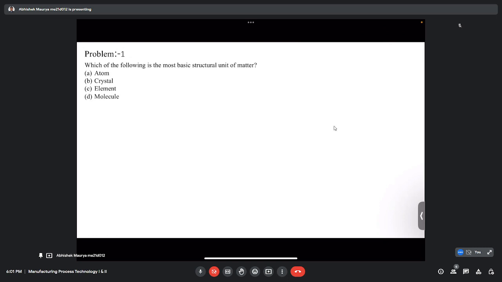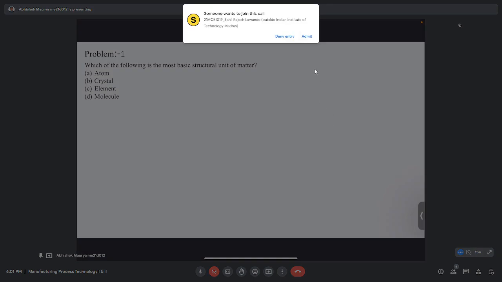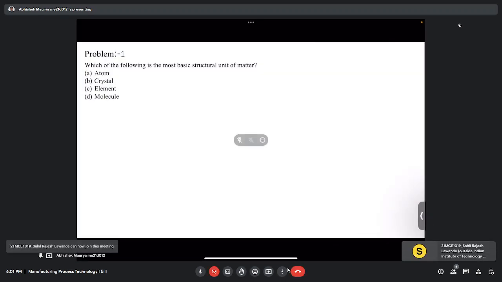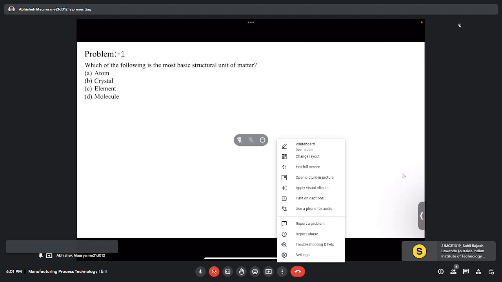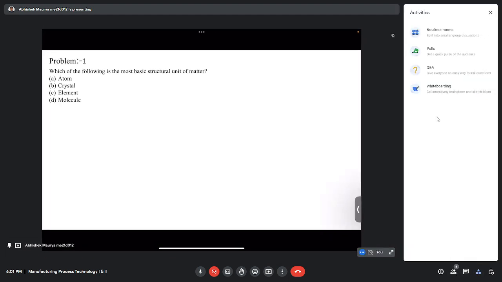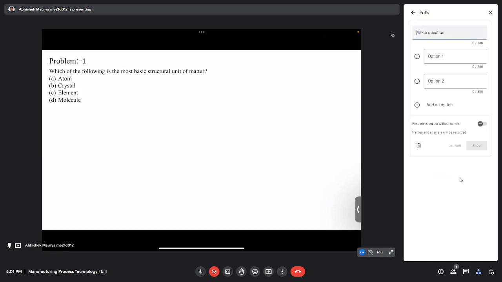So please read the first question and first of all try to guess the answer by yourself and then I will discuss. So you can give your response in the polling section. So what I'm doing, I'm creating polls in the Google Meet. So there you can give your response. Okay, I can see Sriram has given the answer.